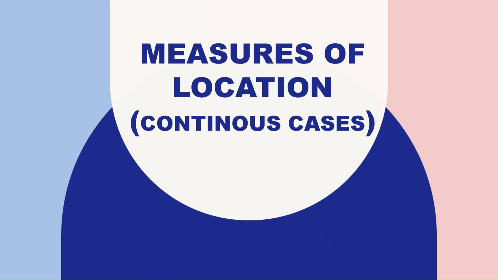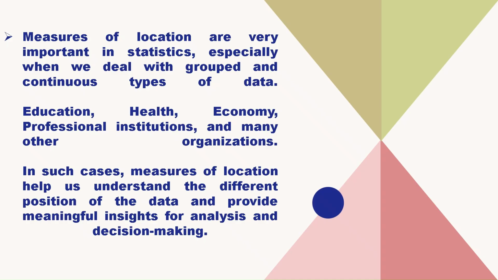Today we will discuss measures of location for continuous data. When data are presented in grouped or continuous form, the method of calculating these measures is slightly different from that used for simple or discrete cases. Therefore, it is important to learn the appropriate techniques for handling such data formats.